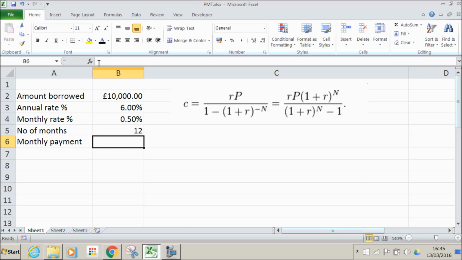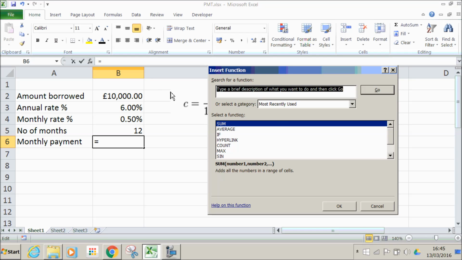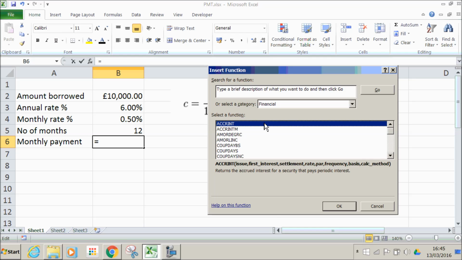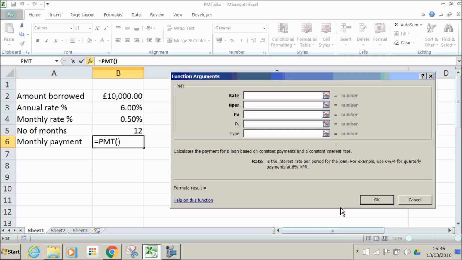We can find this formula by clicking on FX, select the financial formulas category and scroll down, and here's our formula. So Excel helpfully gives us some information about each part of the formula.